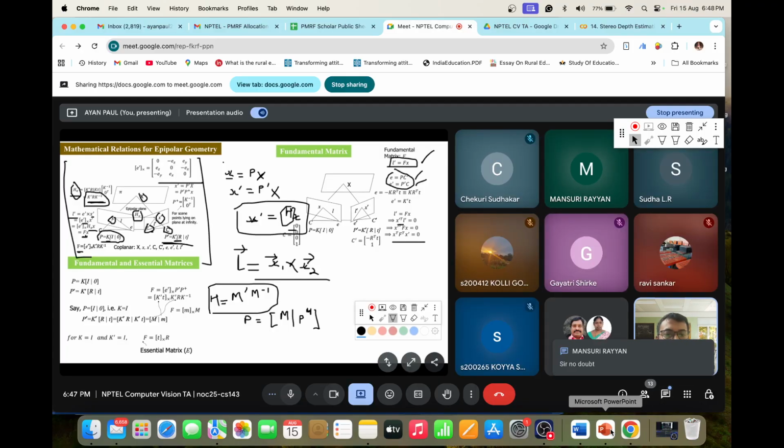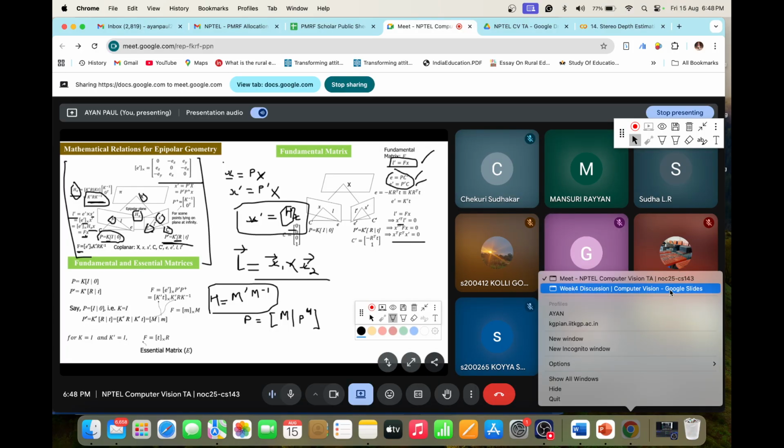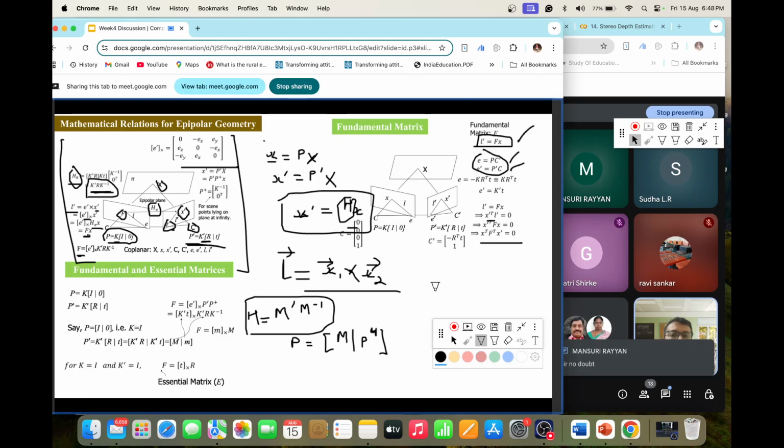Okay, nice. So let me proceed to the next thing, that is the essential matrix. How can we find the fundamental matrix? Your camera matrix was earlier in the form P equals K[I 0], where I means identity matrix and 0 is a zero column vector.